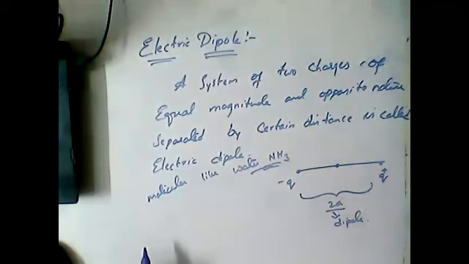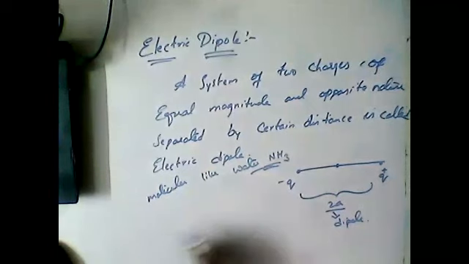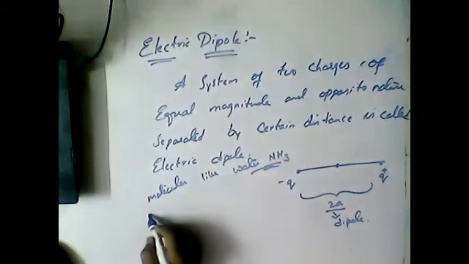So the molecules which have the centers of positive and negative charges at very small distances are called electric dipoles. Okay, so the dipole has great significance in our electrostatics. Of course, in coming topics we can discuss that. These all are basics, guys.